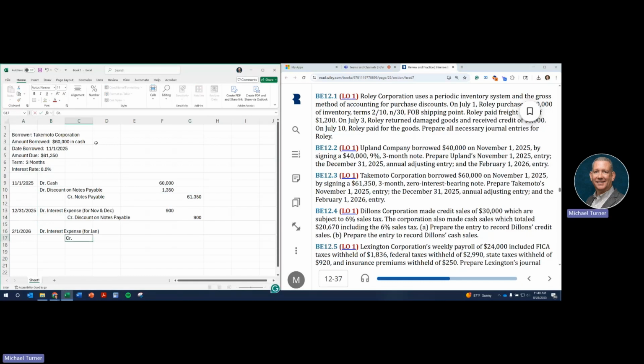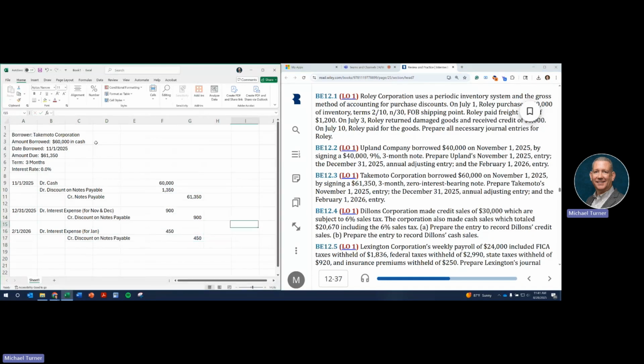And we will record a credit to the discount on notes payable. So the calculation that we performed above was to take the $1,350, divide it by the number of months that the term of the loan is, which was 3, times the number of months that we're looking to amortize. Here, we're only amortizing 1 month for January, and we arrive at $450. Therefore, the corresponding interest expense is also $450.